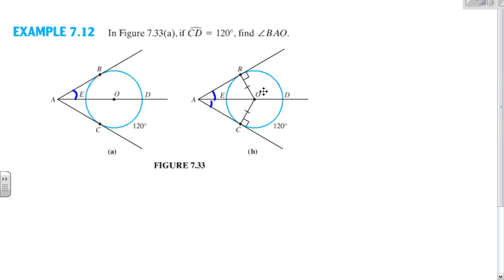Also, since this goes through the center, it's a diameter, which means if this is 120 degrees, this arc must be 60 degrees. So the angle over here, OAC, is going to be big arc minus little arc divided by 2. So that's 60 divided by 2, so the angle is 30 degrees. BAO is congruent, so it is also 30 degrees.